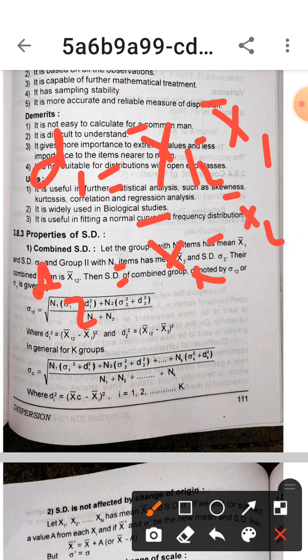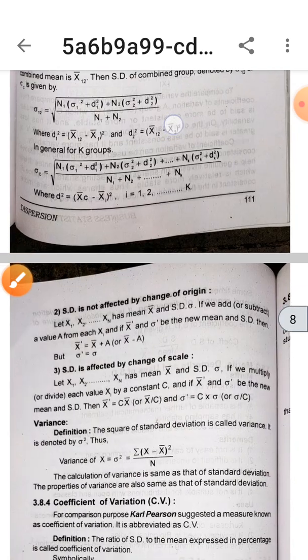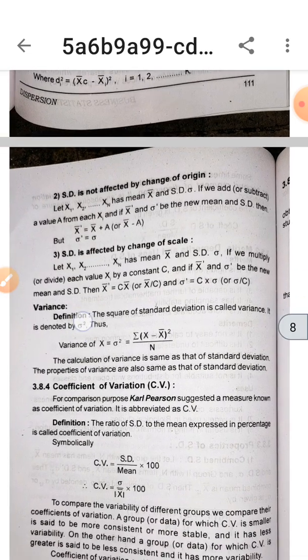Okay, then put all the given values into sigma 1 2, then we will get the combined standard deviation. Okay, we will discuss it in the calculation of combined SD.